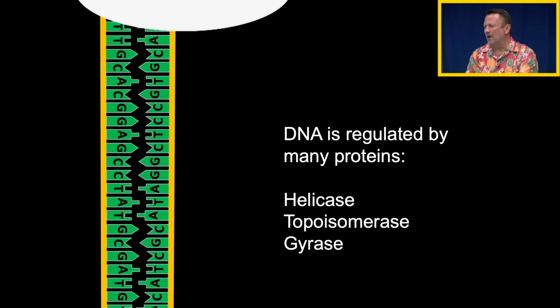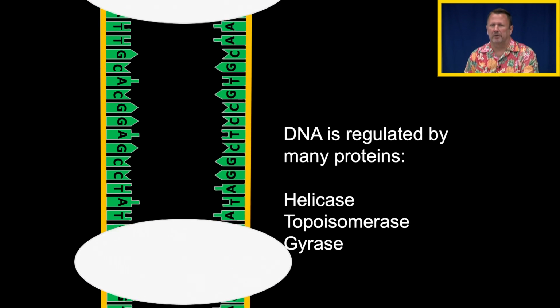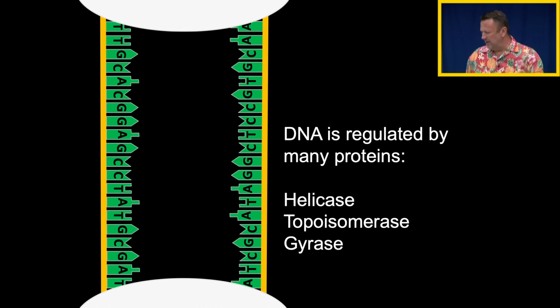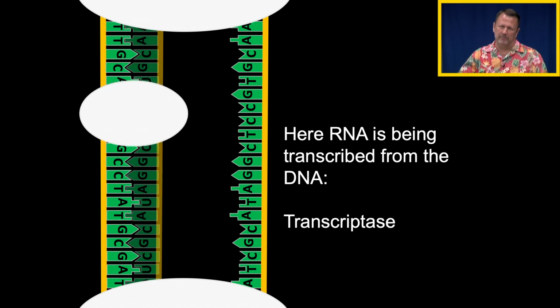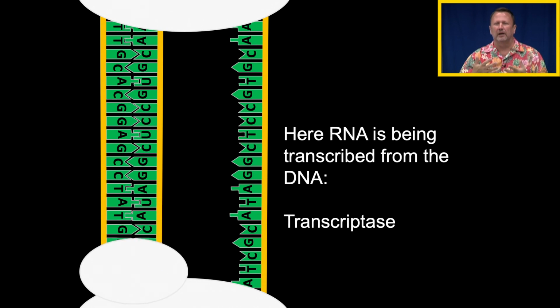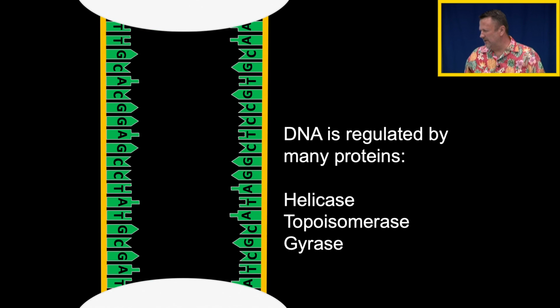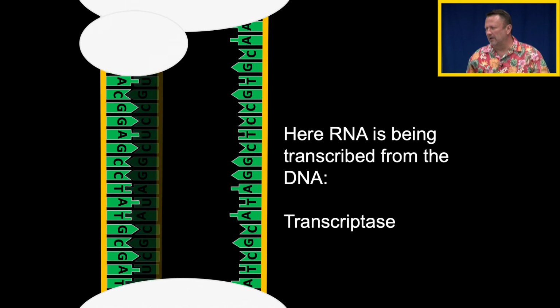There are all sorts of regulatory proteins involved in unwinding, unzipping and transcribing that DNA. Here we might talk about helicase, topoisomerase and gyrase when we talk about antibiotics, antimicrobial agents, and cancer chemotherapy agents. They're quite simply regulatory proteins that help unzip the DNA and transcribe it.